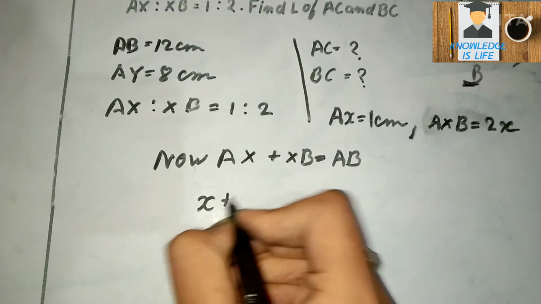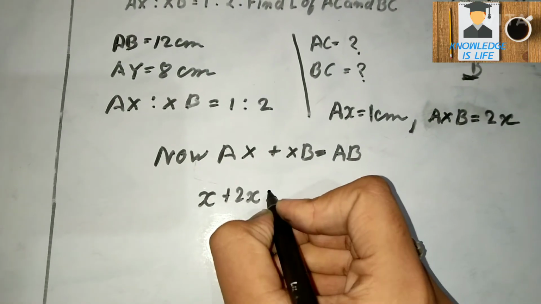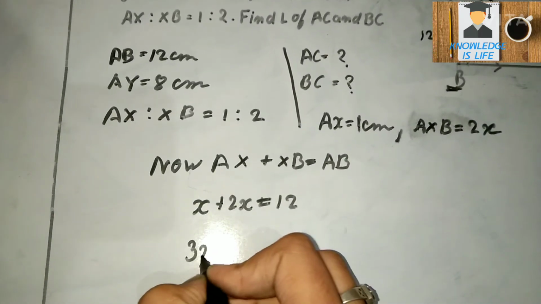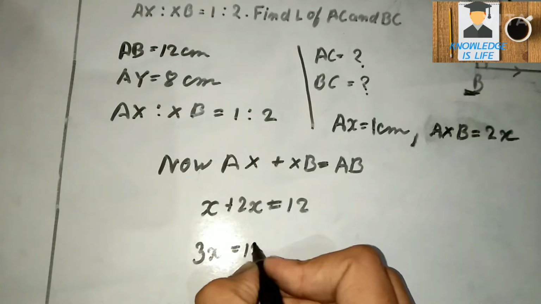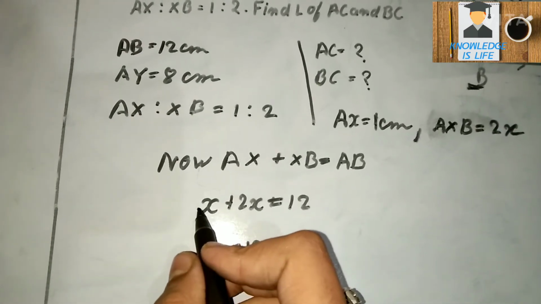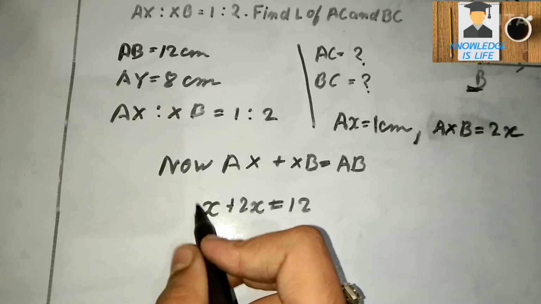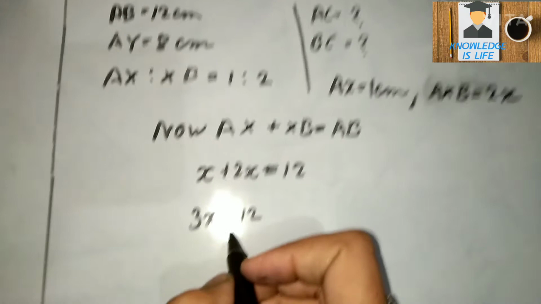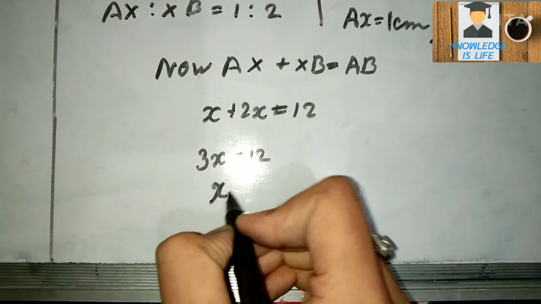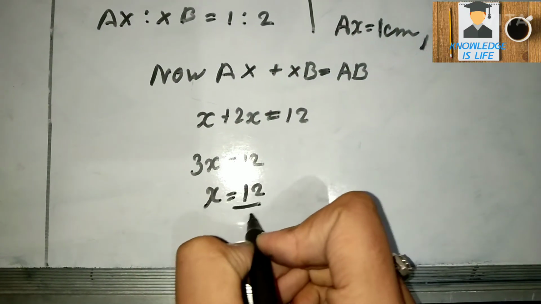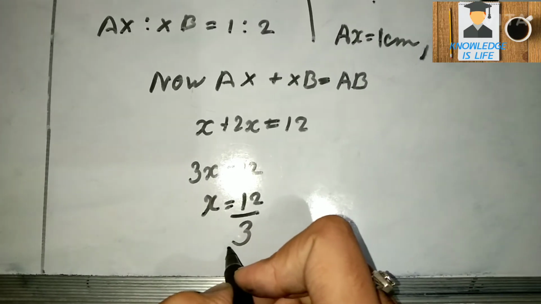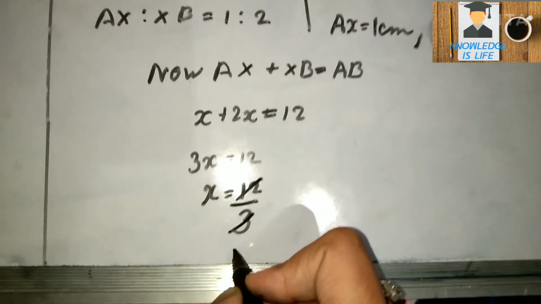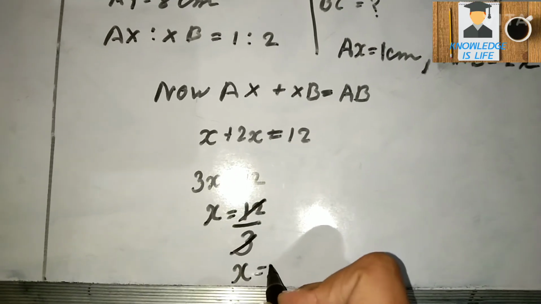So x plus 2x equals 12. So 3x equals 12. So x equals 12 by 3. Okay, so 3 will cancel, and then our answer x will be 4.